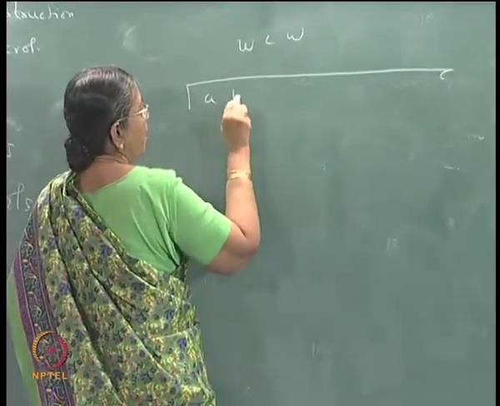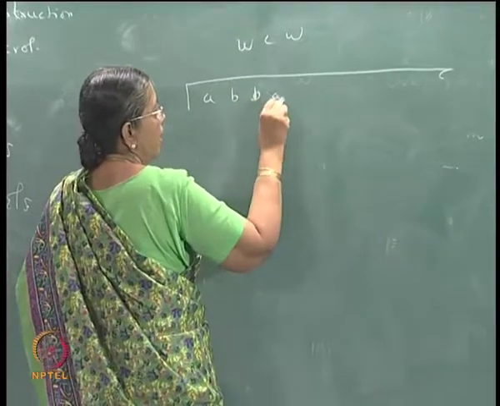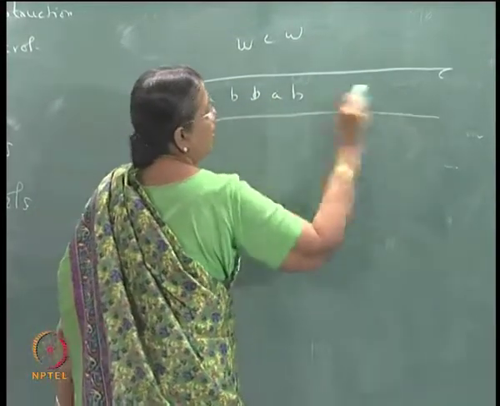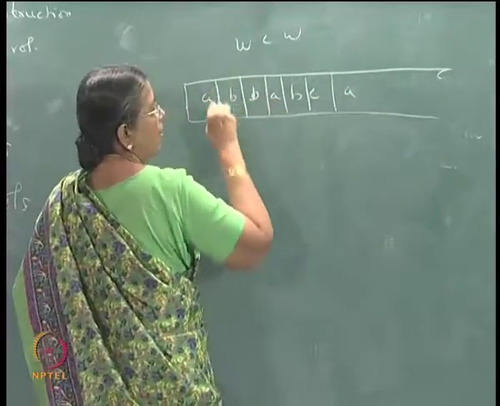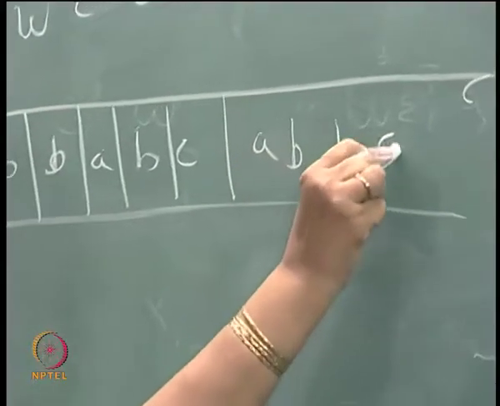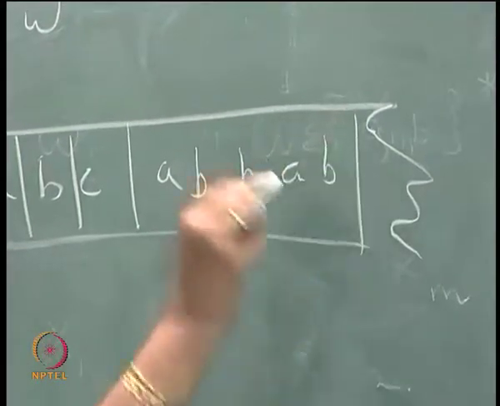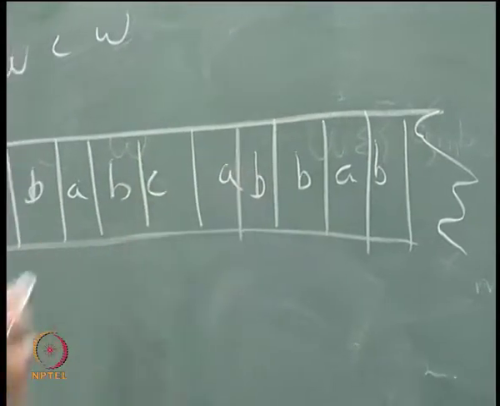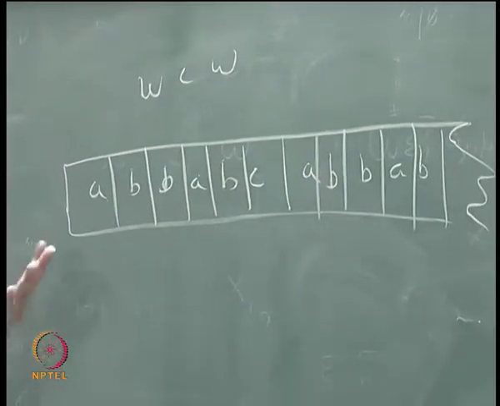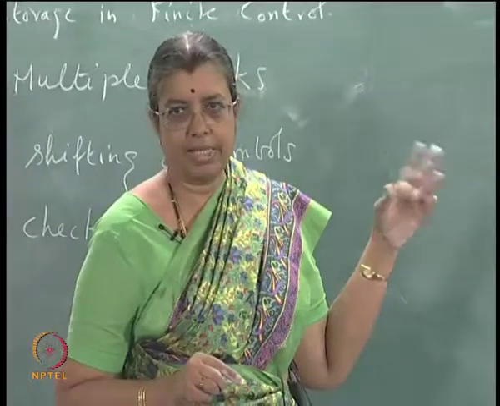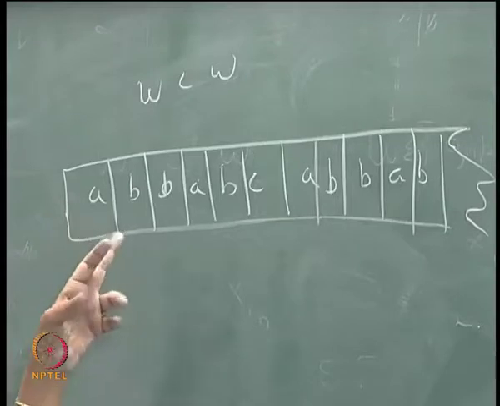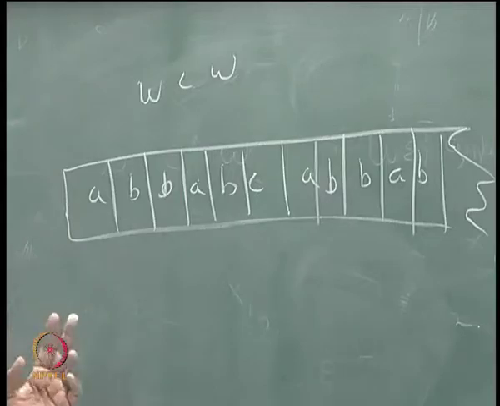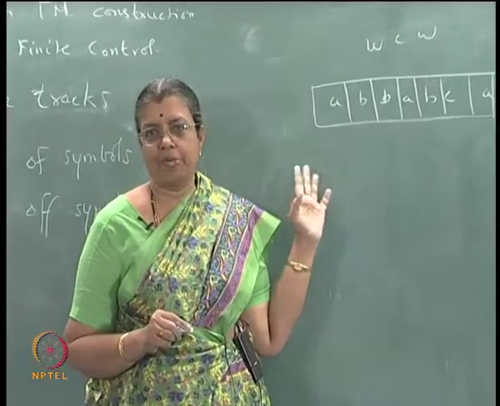Suppose I have AB, B, AB, C, AB, B, AB, followed by blanks. I said you can store some information in the state, but change everything into X and so on. So, I am losing the information. You can use X and Y, and then also you can keep some information.